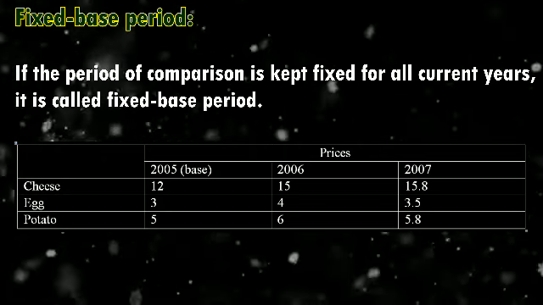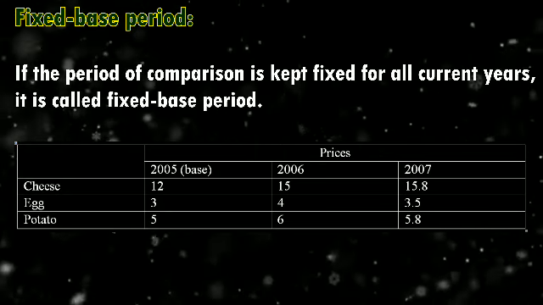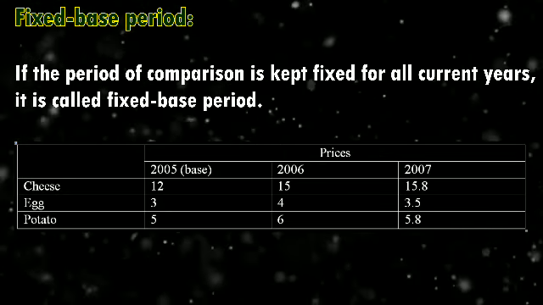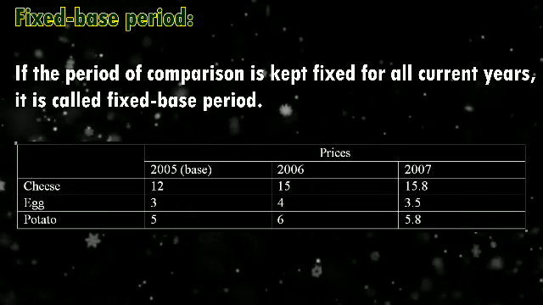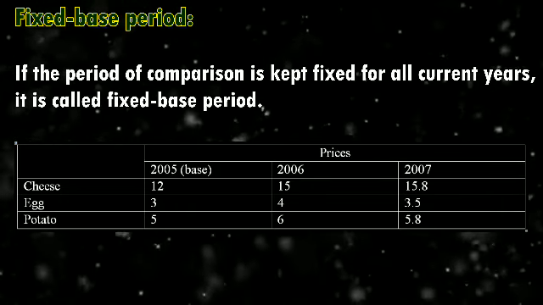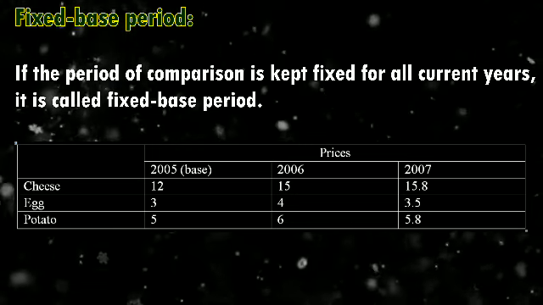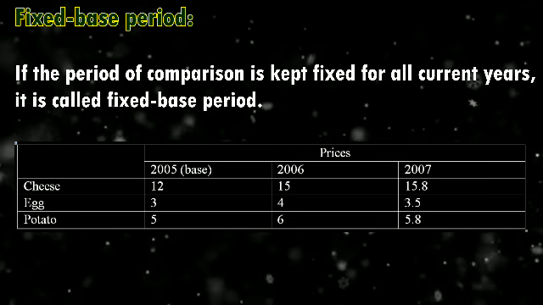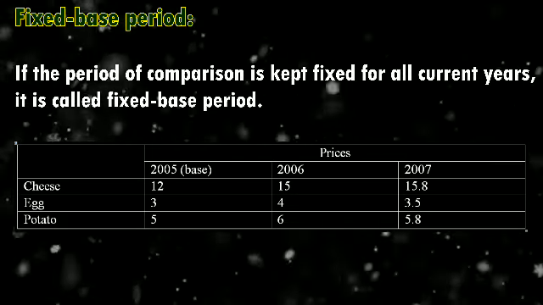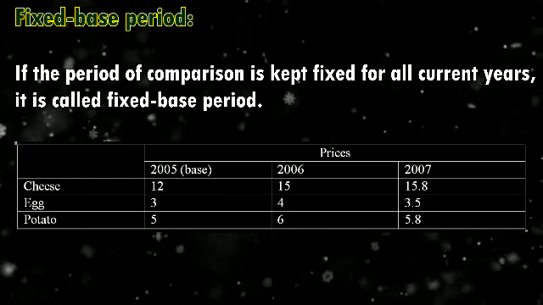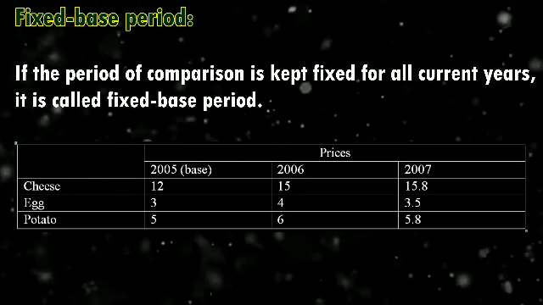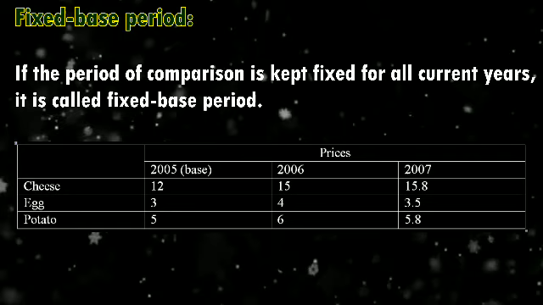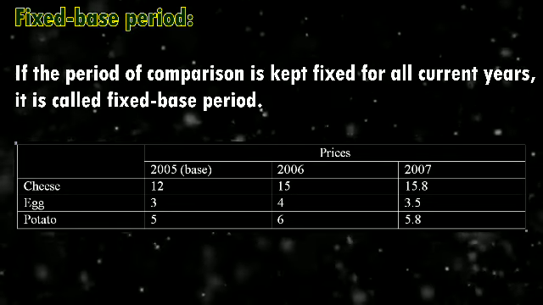So according to the given table, 2005 is the base period, which means here base year is fixed, whereas current year keeps on changing. So this is called as fixed base period. The base period remains constant, the same values. Base year is fixed whereas current year values are changing. So this is fixed base year.